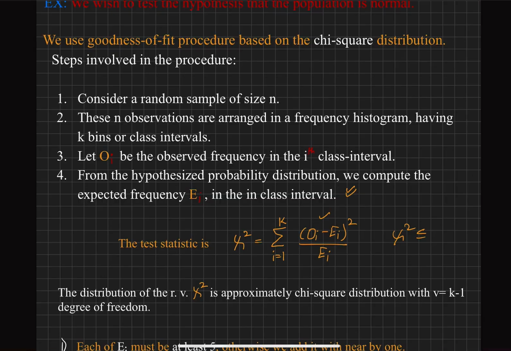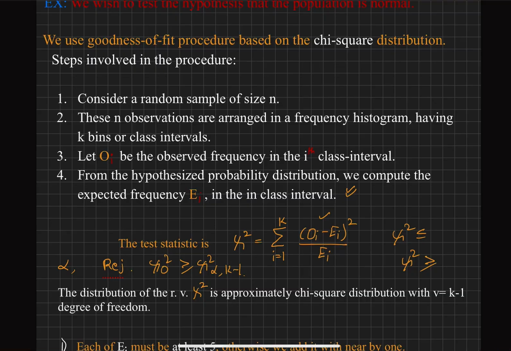So we have to go for a test in such a way that we reject when we get chi-square larger than some particular value. That means we are going to apply a right-tailed test corresponding to alpha level of significance. Here the rejection region will be chi naught square greater than or equal to chi-square alpha comma k minus 1.